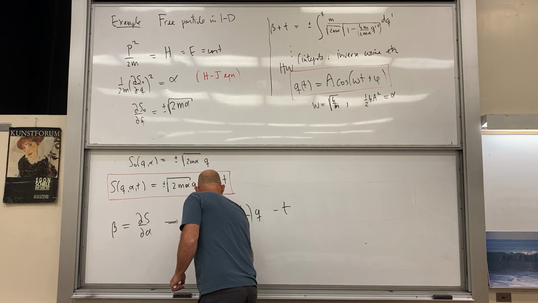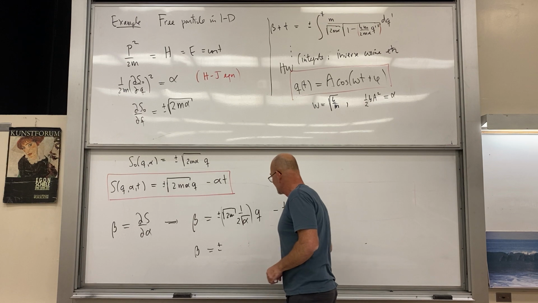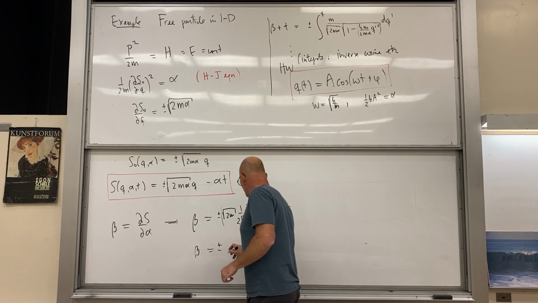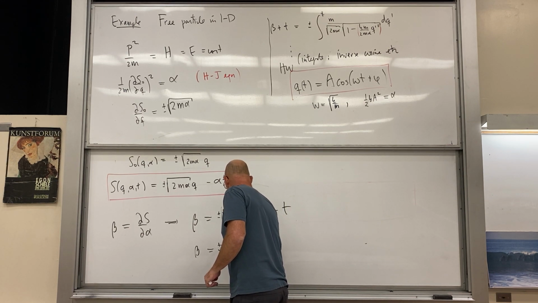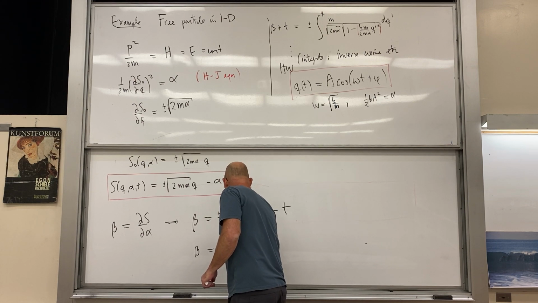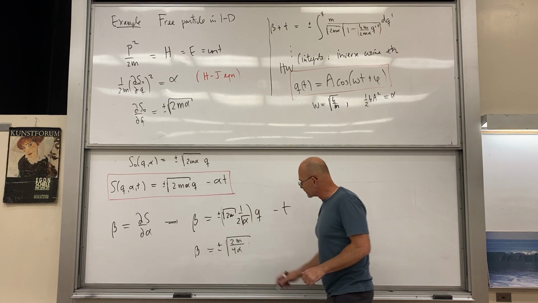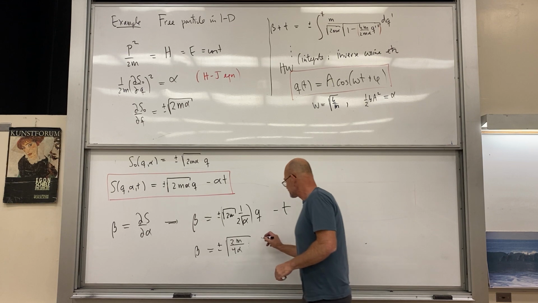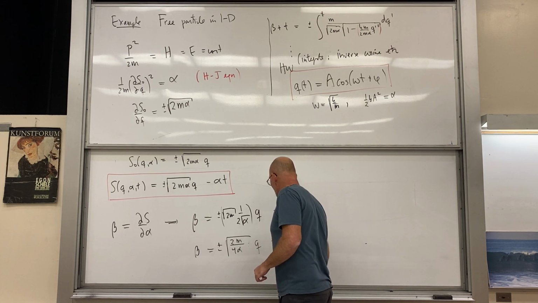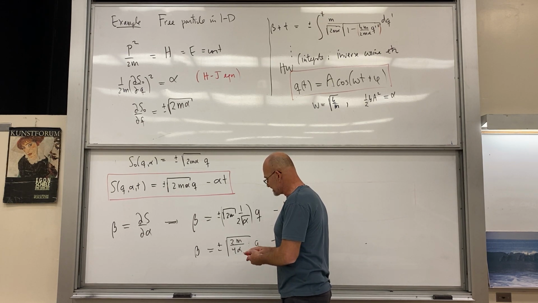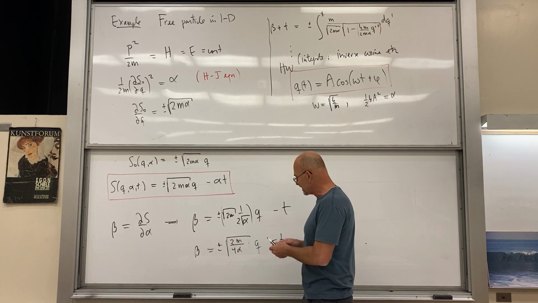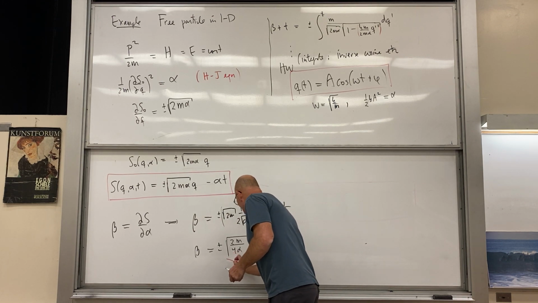So beta is plus or minus root 2m over 4 alpha, bring that under the square root, q minus t. And since alpha is the energy, let's see what this is.